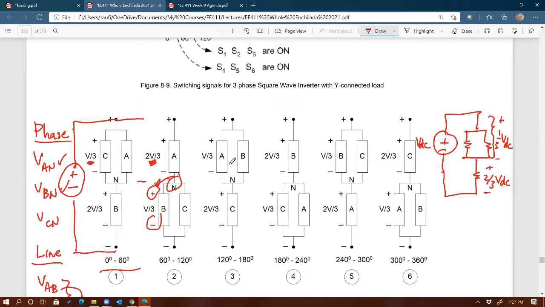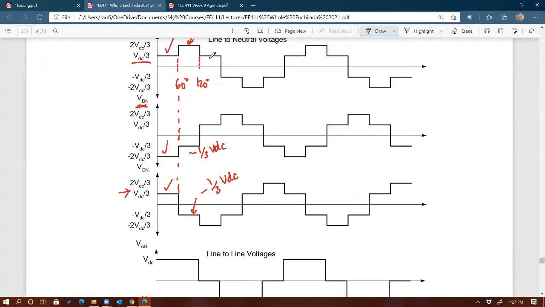Now you can see that A and B are in parallel, C by itself, and that would give you the next voltage levels. And if you do it throughout the entire cycle, guess what you get? You get a square wave that follows a sine wave, almost like a multi-level inverter. Any questions on that?